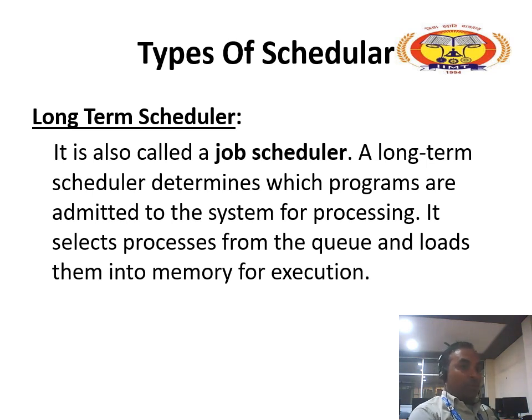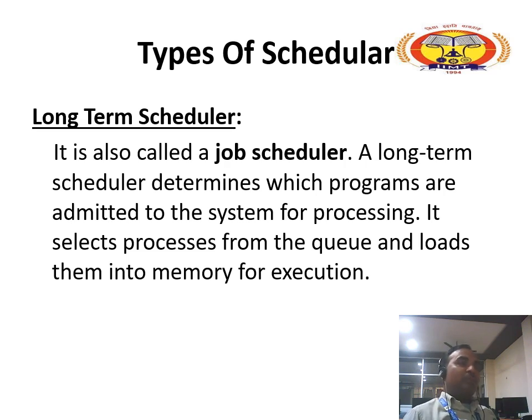Listen very carefully: from secondary to main memory, it is accomplished by the long-term scheduler. I have also mentioned here, select the process from the queue, queue meaning secondary, and load them into memory, memory meaning primary memory, for its execution. This is the basic work of the long-term scheduler.